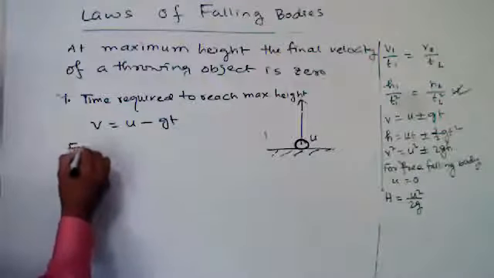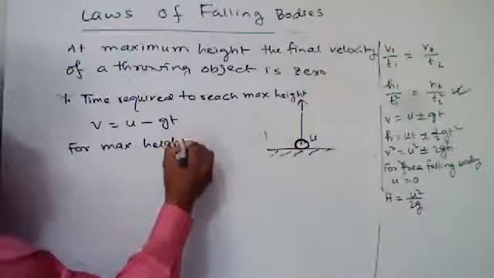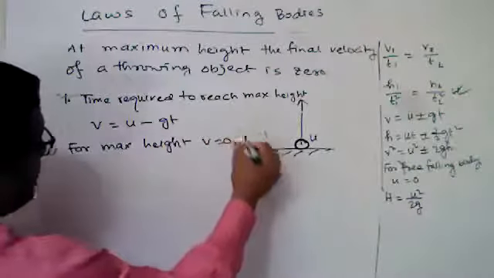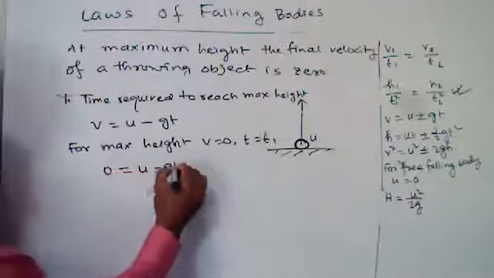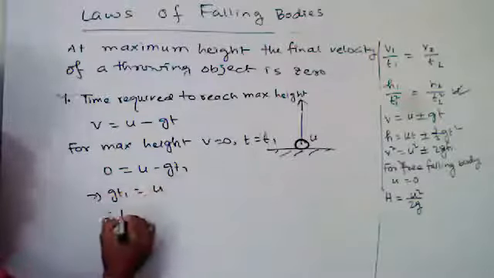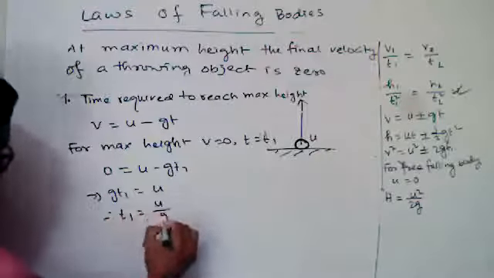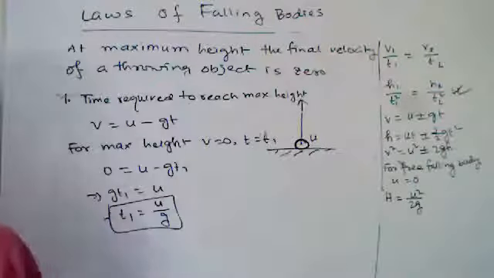At maximum height we can write v equals 0 and t equals t1. So 0 equals u minus gt1, so gt1 equals u. So t1 equals u by g. This is the time required to reach the maximum height.